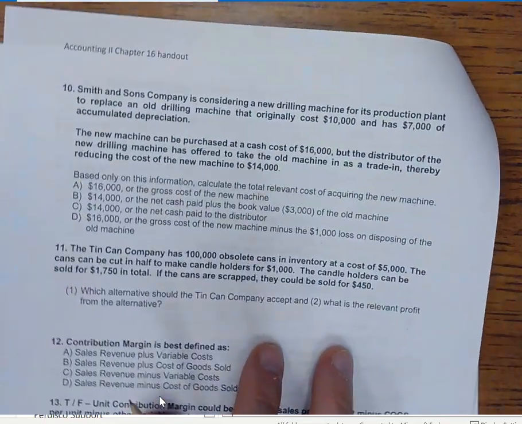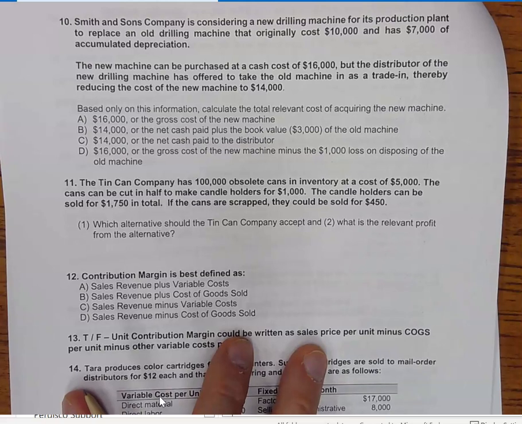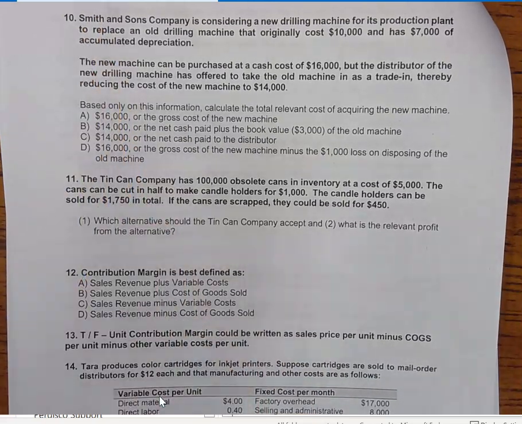This is a question, a little bit longer scenario. And it says, Smith & Sons is considering a new drilling machine for its manufacturing plant, and they have an old drilling machine that originally cost $10,000 and has $7,000 in accumulated depreciation.